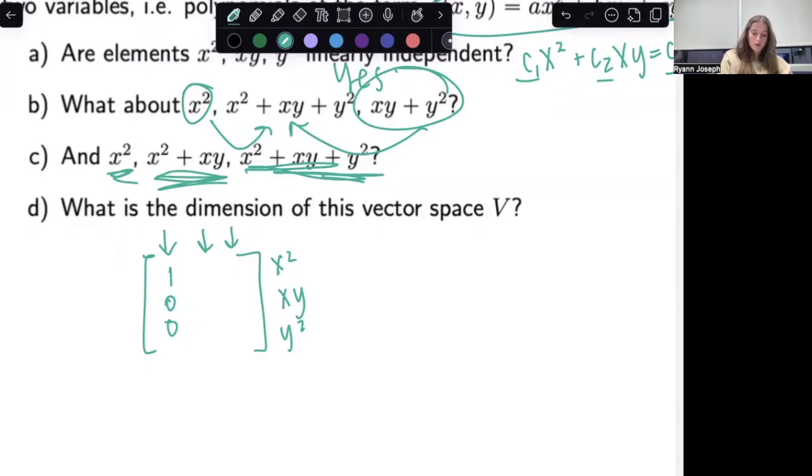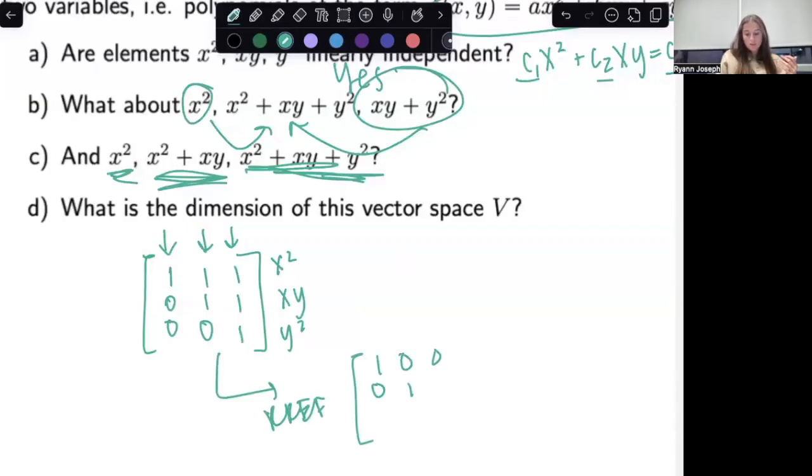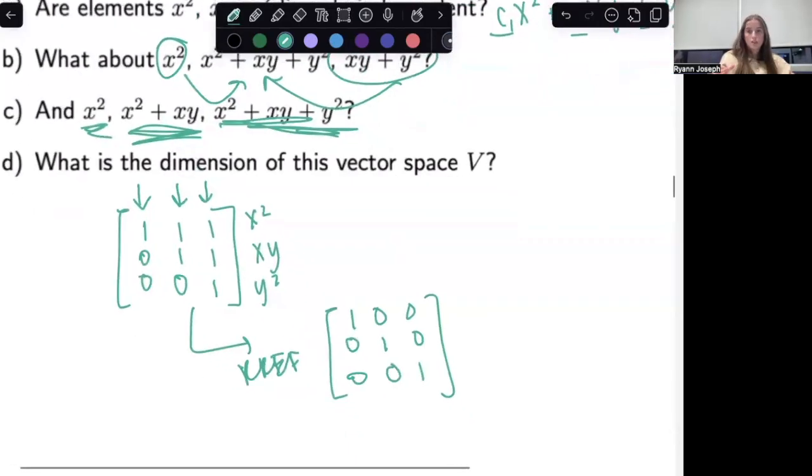For x squared plus xy, I've got those two values. And for x squared plus xy plus y squared, I've got all three. I want to see, is there any way for me to combine them to get each other? Reduced row echelon form is going to be the identity matrix. So the answer is no, right? They're linearly independent because there's no way to get them from each other.